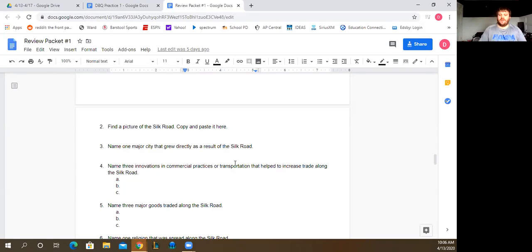When it comes to goods, remember that mainly things like silk and rice, other products, spices especially, were traded from the East, right? So from China and India over into Europe.